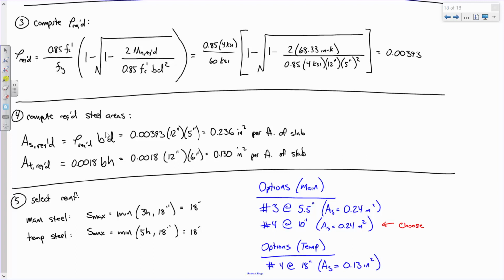Right? Pretty straightforward. So there's your answer, right here. So, we have a slab, you know, assume going on forever on both sides, right?